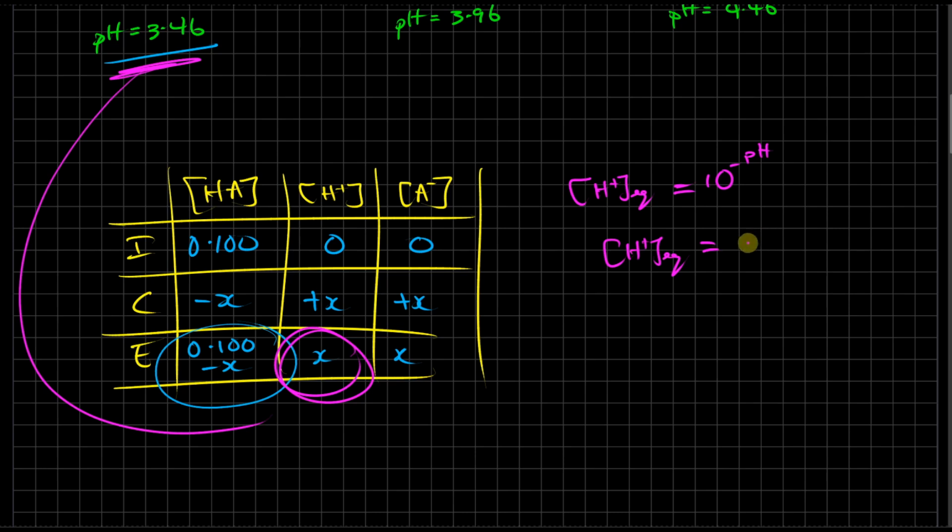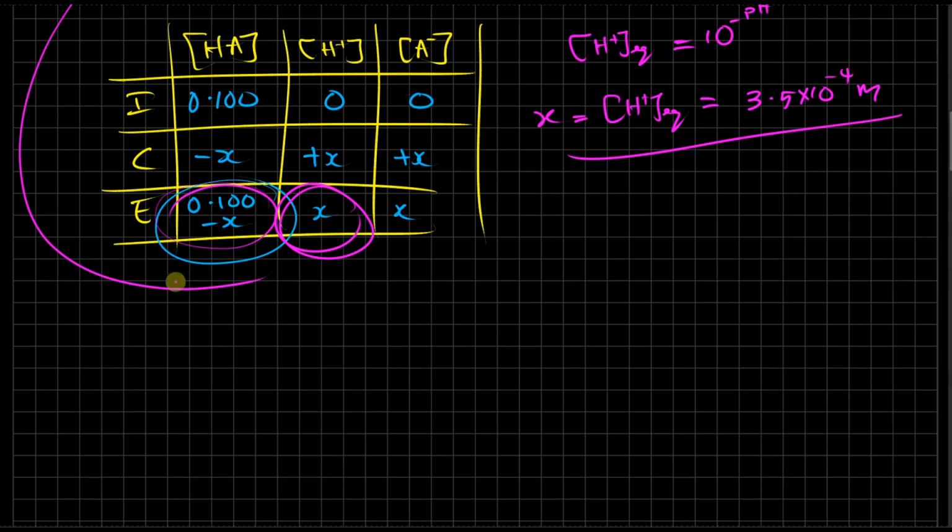I get an H plus concentration of 3.5 by 10 to the minus 4 molar, which is basically x. Now, in this case, x is small enough that it doesn't really affect the concentration, but I'm going to recalculate all of it. 0.100 minus that value of x gives me 0.100. It doesn't change this number at all. X here is 3.5 by 10 to the minus 4, as is this x.